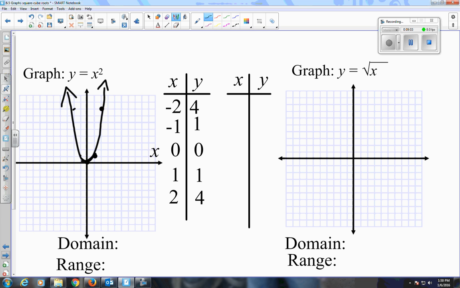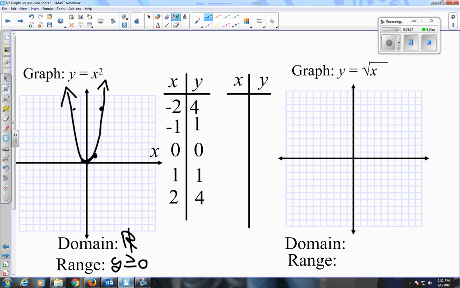What's the domain of that function? The range is y is greater than or equal to 0. So the littlest y can be is 0. Domain's all real numbers. There's no x's that can't go in.